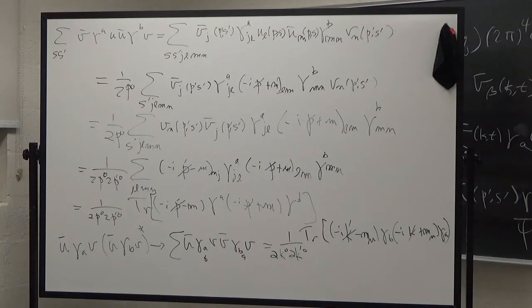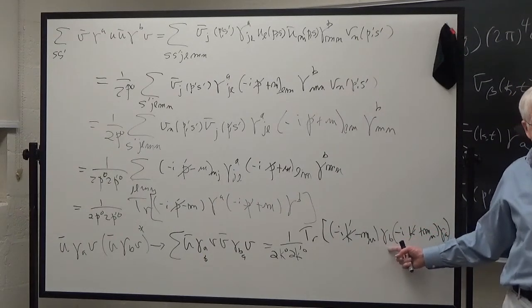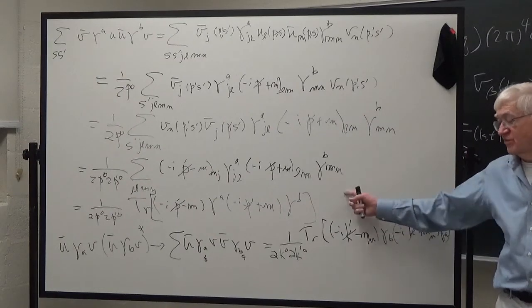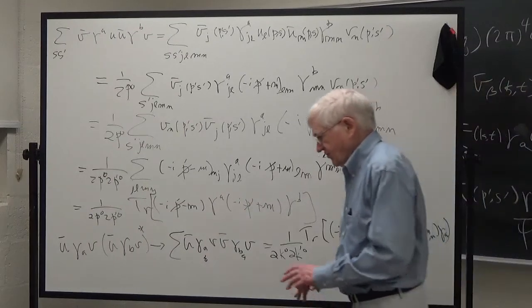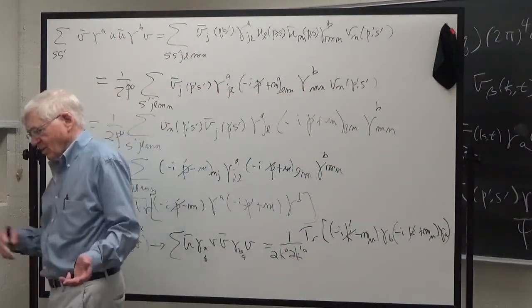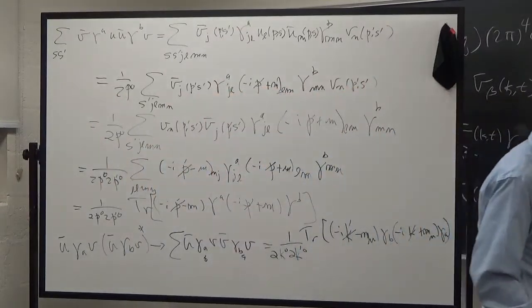But we're basically out of time here. So you can see we can now use our formula for the trace of 4 gamma matrices and the trace of 2 gamma matrices to evaluate these two things. That turns things into Lorentz invariant forms like p dot p prime, p prime dot k, p dot k, k dot k prime, and so forth.